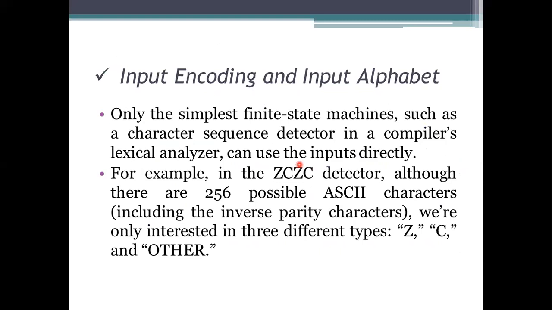And coming to the input encoding and the input alphabet, why we are using the codes here: the simple example is that we are using the ZC detector for processing. If I am constrained, how many values do I have to check? We have 256 possibilities of ASCII characters here. Why? Because we are specifying with the others. Whenever you use these values Z, C and others, meaning A, we would need to check the remaining values also.